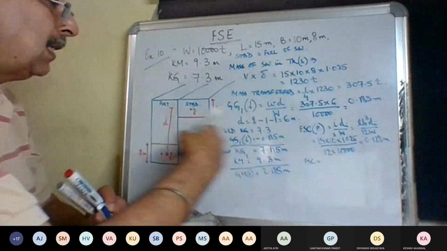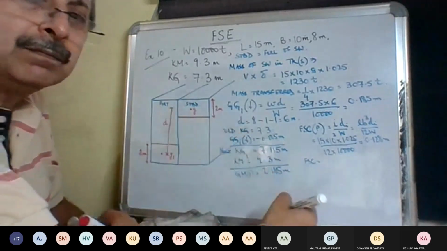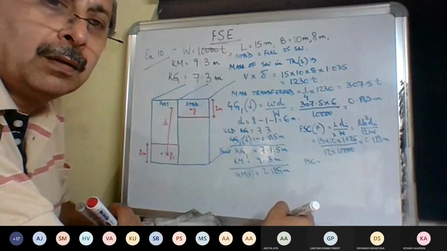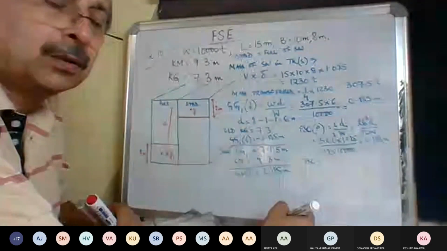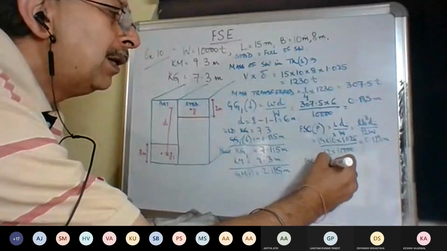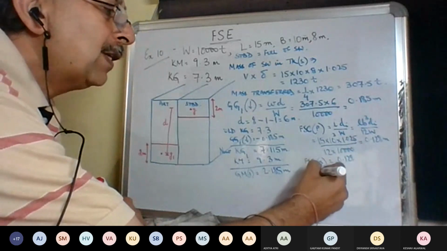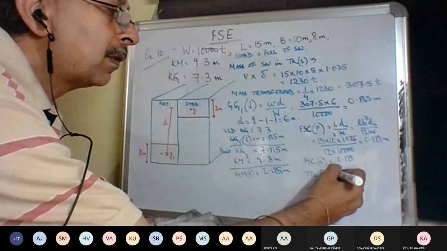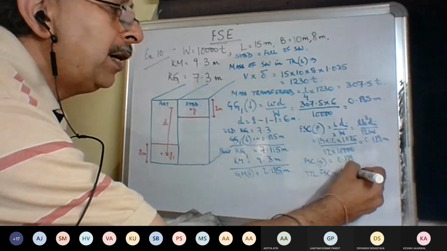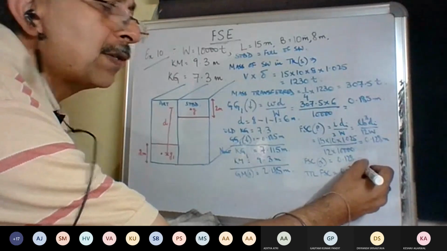Notice FSC is independent of the sounding. So FSC for the starboard will also be 0.128. So total FSC will be 0.256.